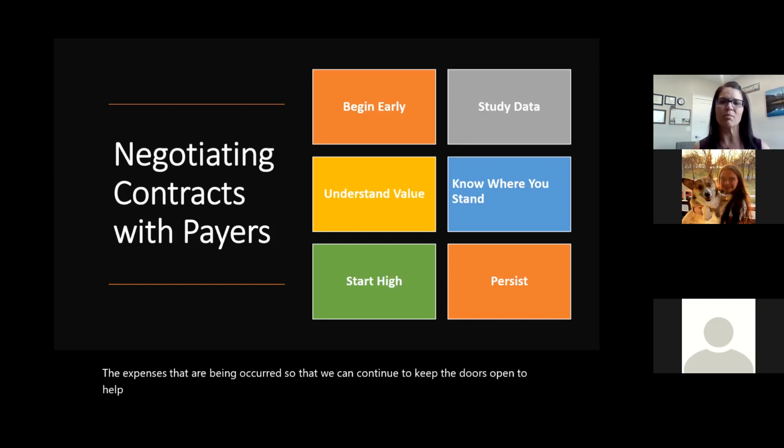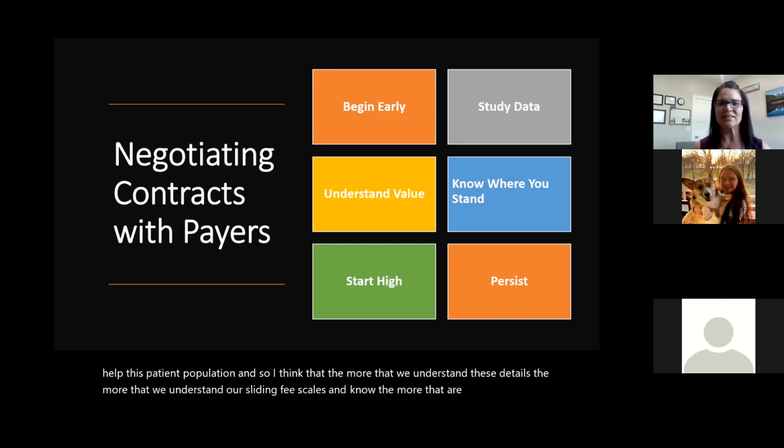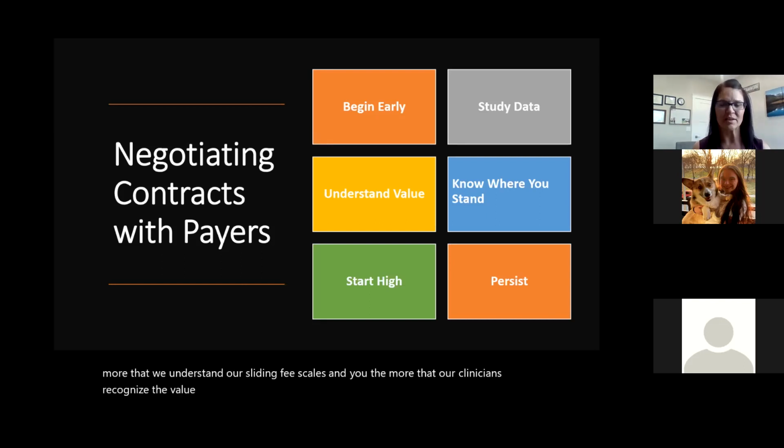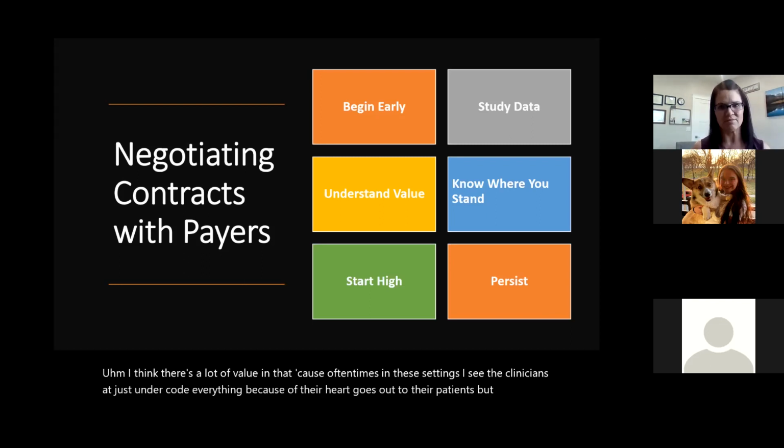And so I think that the more that we understand these details, the more that we understand our sliding fee scales, and the more that our clinicians recognize the value of what they're doing and coding it correctly and documenting it well, there's a lot of value in that. Because oftentimes in these settings, I see the clinicians just undercode everything because their heart goes out to their patients, but they're not appropriately applying the sliding fee scale.